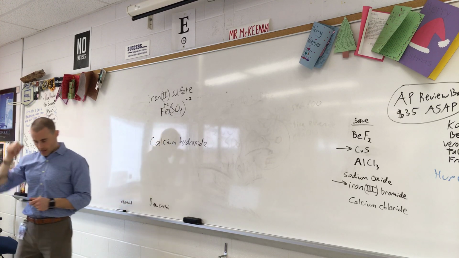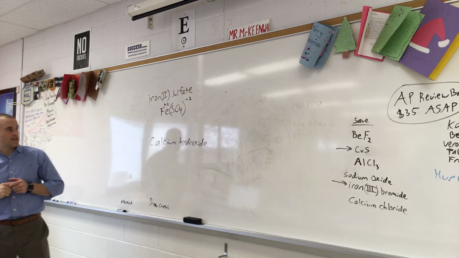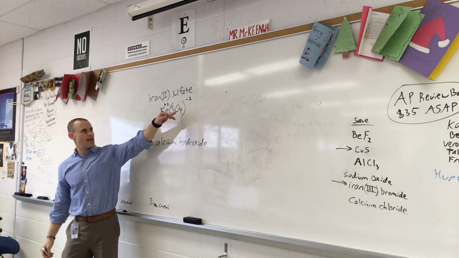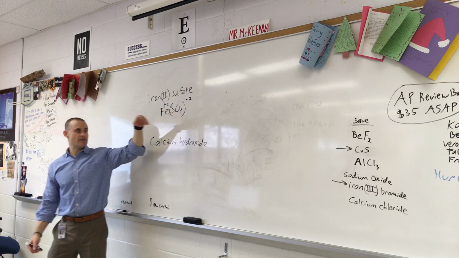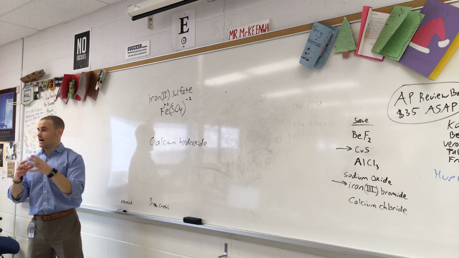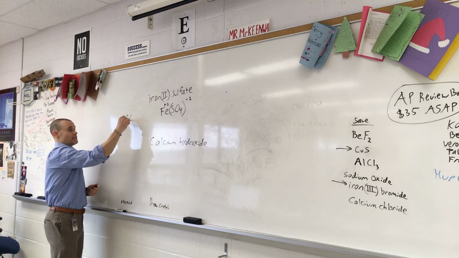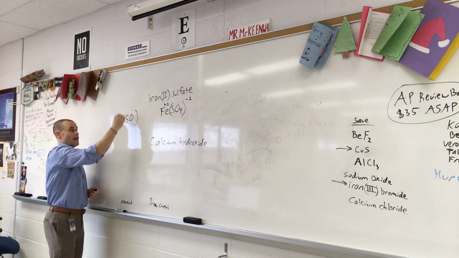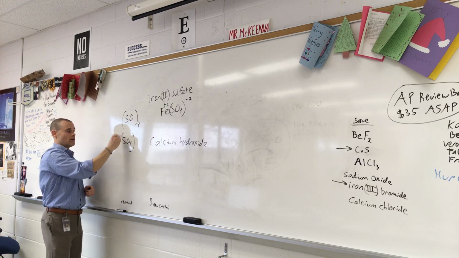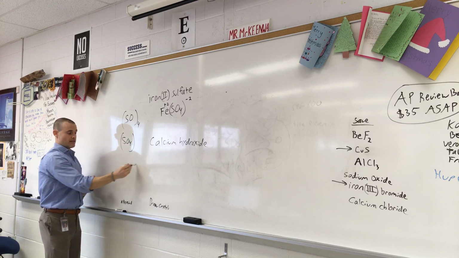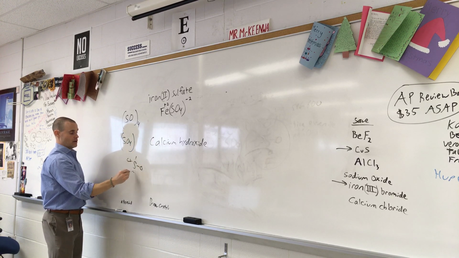After class this morning, someone came up to me and said, why is the 4 inside the parentheses? And I said, because SO4 is the ion. So it isn't an S and an O, and then 4 of those. That's not what it is. It's SO4 together. So you have 1 S and 4 O's bonded to it.